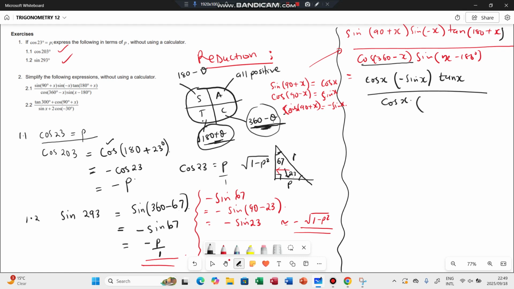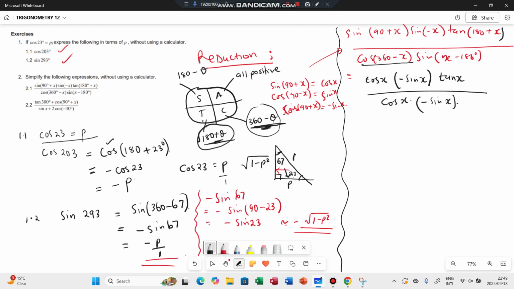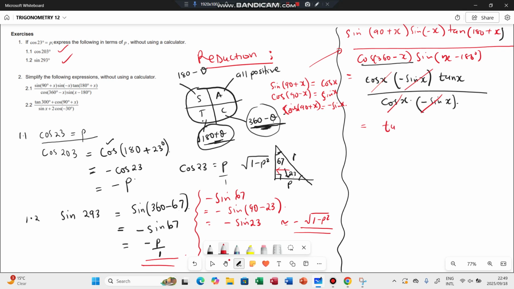And sine of x minus 180 will always give us a negative sine of x. Now, look at this: the sine will cross out with this one, and this cos will also cross out with the cos. Then you remain with the answer tan x. That is from reduction. Thank you.